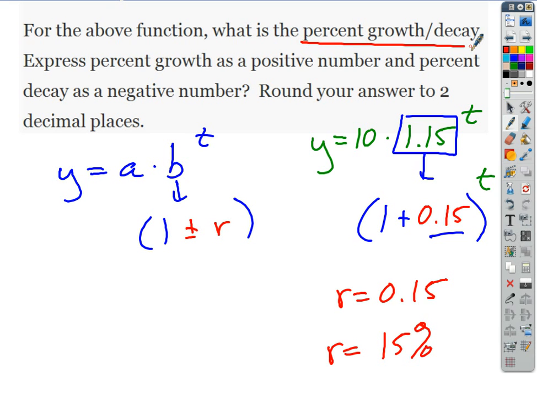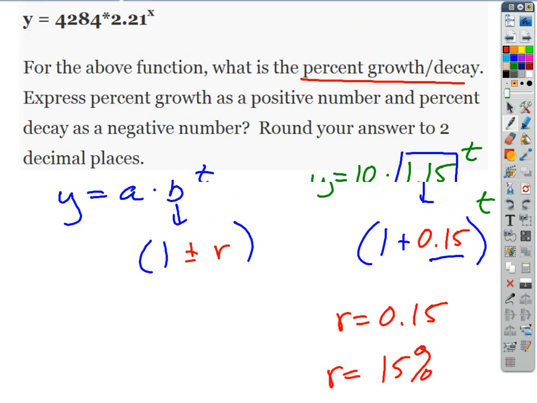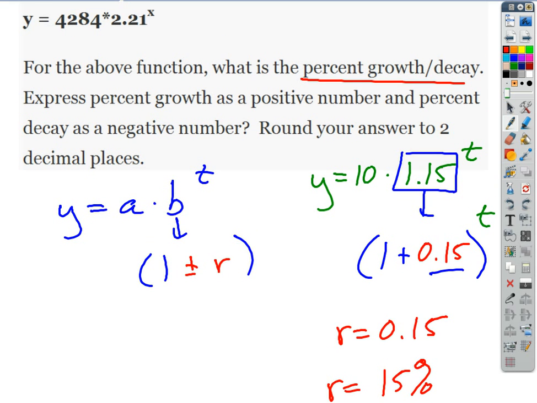Okay? What about the example they give us? If I take this b here, 2.21, that's b, and I write that in terms of r, what's r going to be that time? 1.21. Okay, so r equals 1.21.